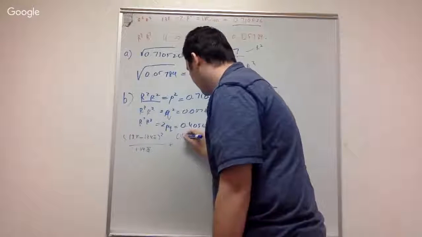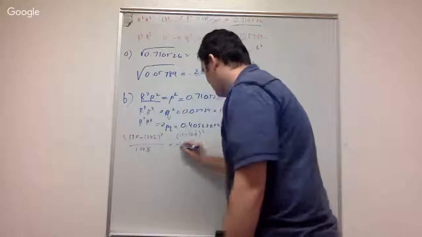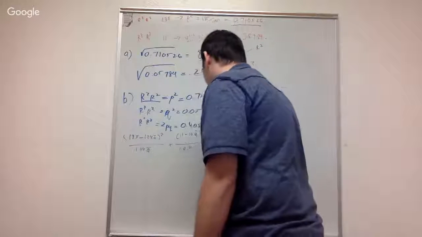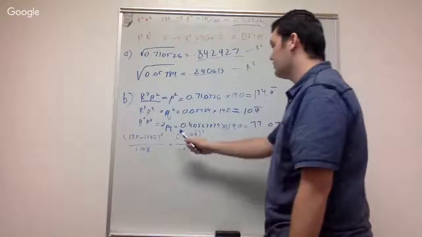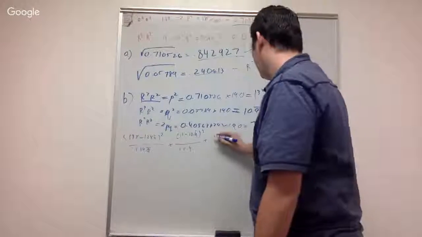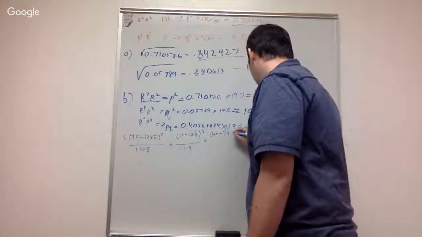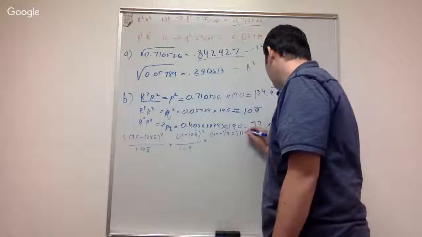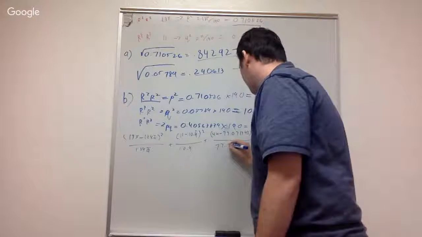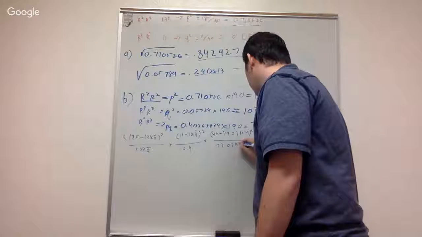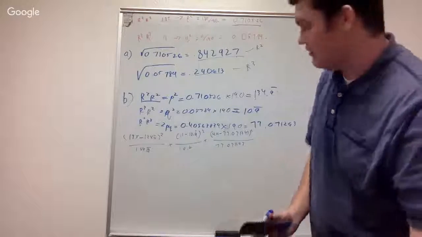Our observed was 11 minus like 10.9 repeating over 10.9. And now we'll do our heterozygous. We had 44 minus our 77.071293 over 77.071293.